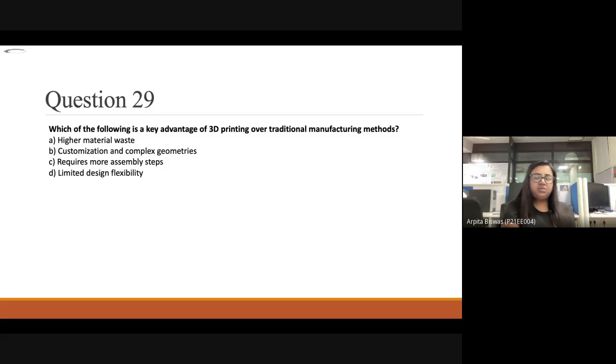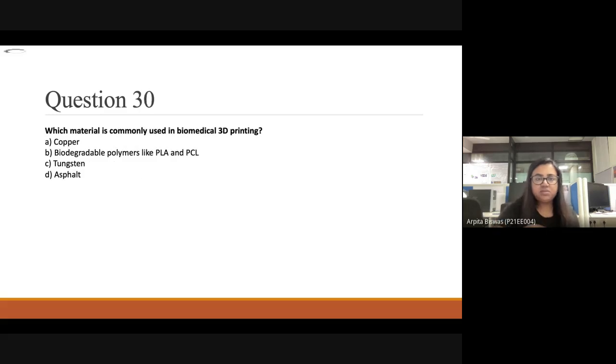So what is the right option here? The right option is option B, customization and complex geometries.